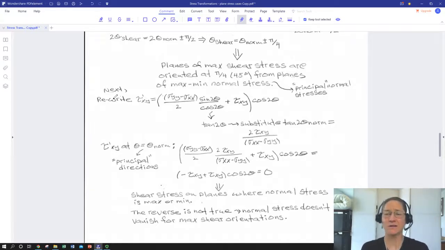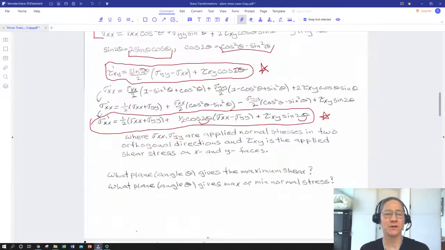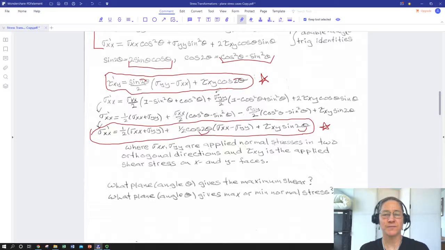What are they? So let's look at what is the shear stress at a plane where we're going to have a max-min normal stress. So let's go back to our expression for shear stress at any angle. So we're backing up to this expression.